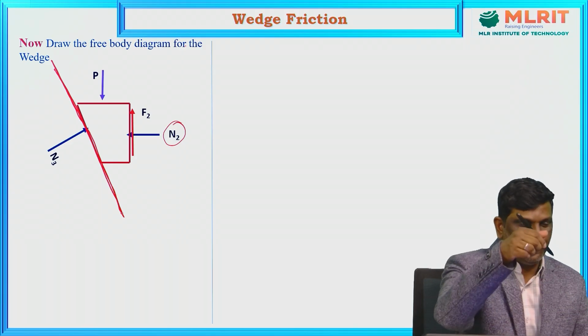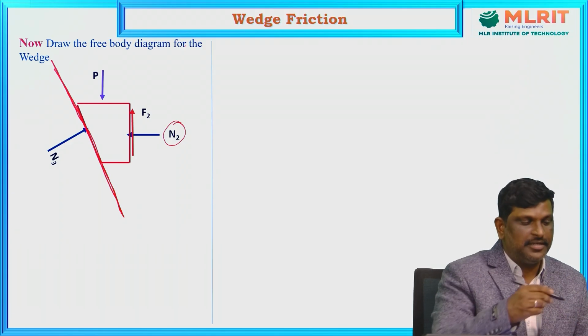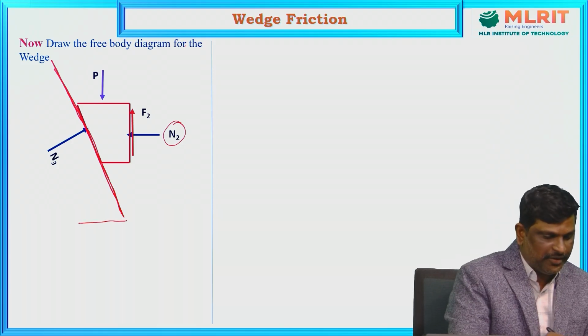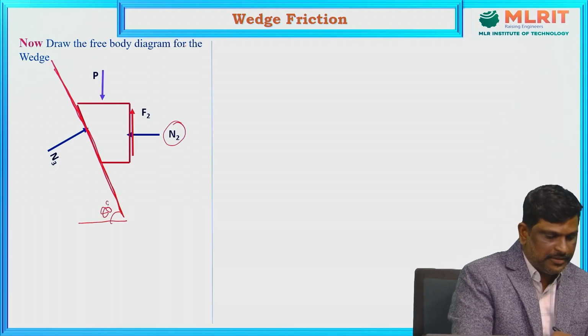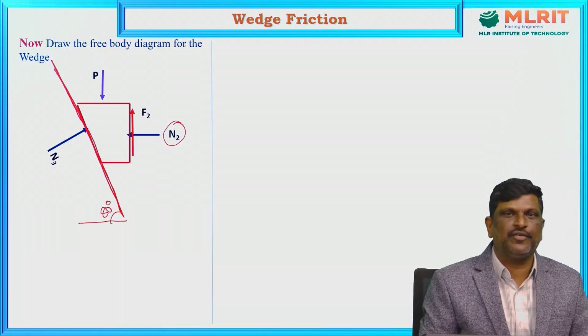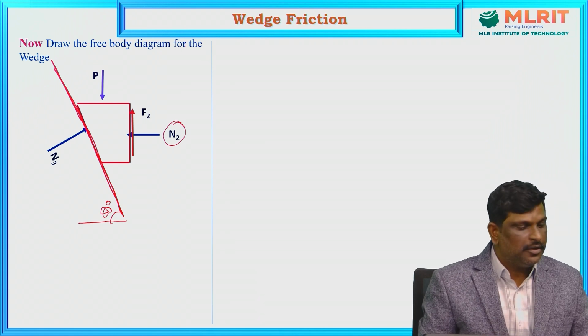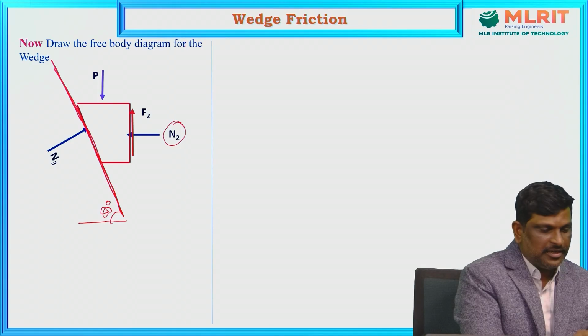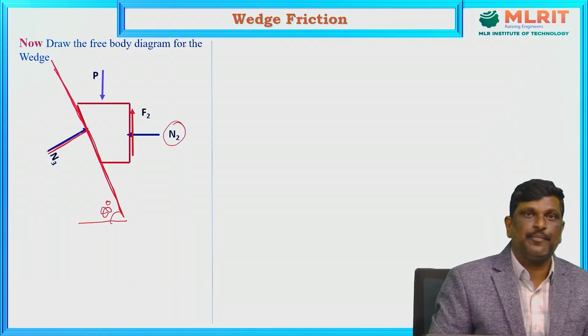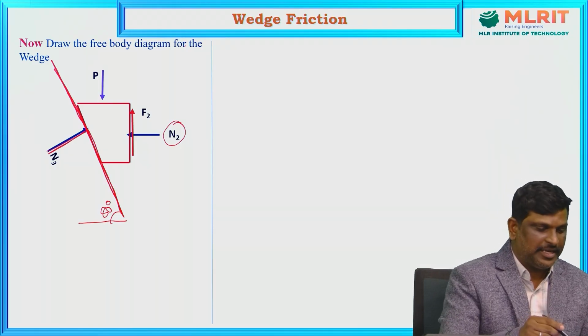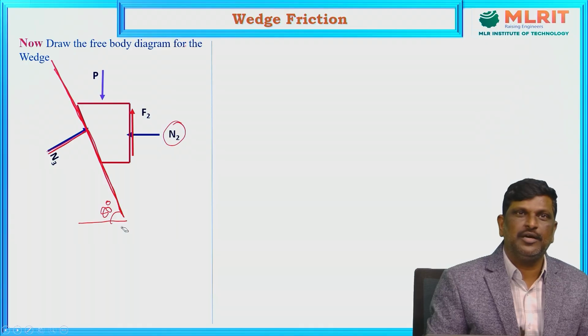The wedge is moving downwards against this surface, which is making an angle of 80 degrees in the problem. This is not our wedge angle. I will show what the wedge angle is. The normal reaction will always be perpendicular to the contact surface.